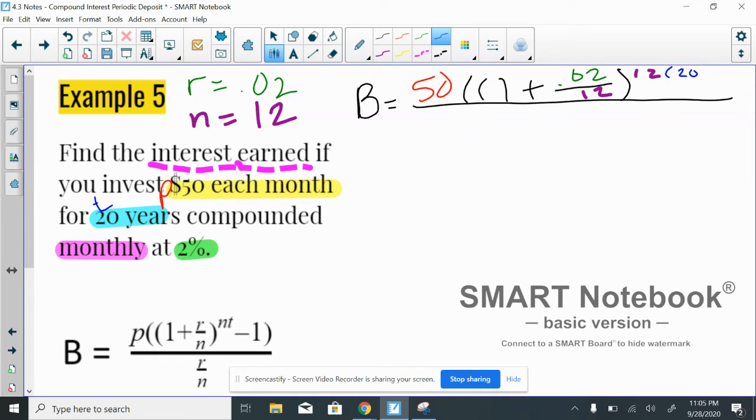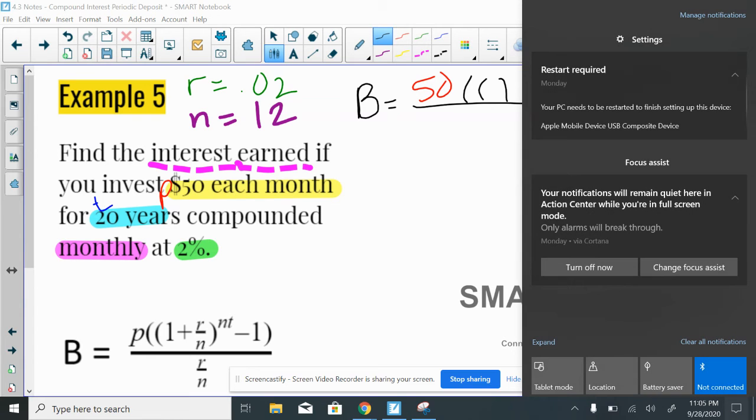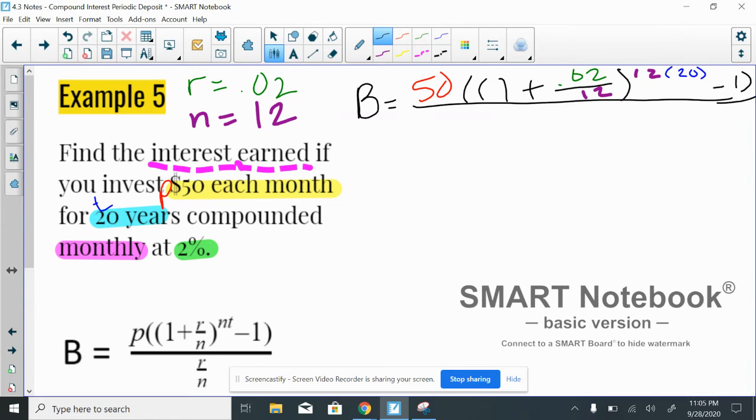Or we're going to deposit this regularly for 20 years. And on the end, you're still having your -1 with the closed parentheses. Love it. And then we are going to set that up with 0.02 divided by 12.